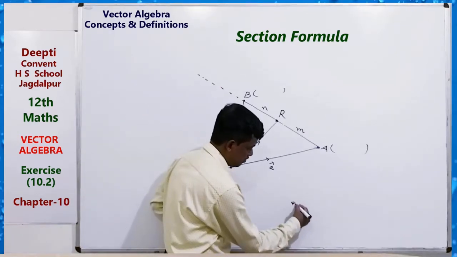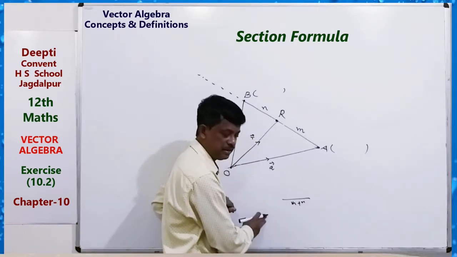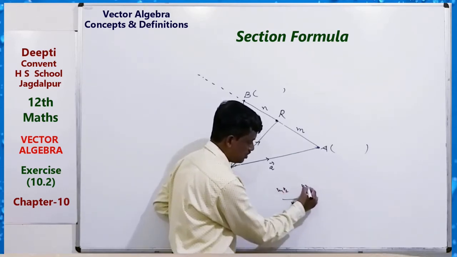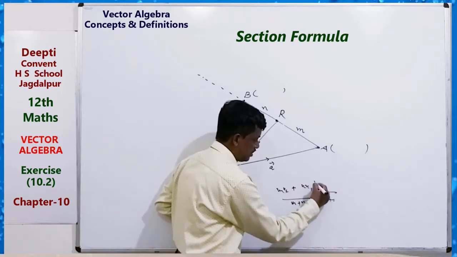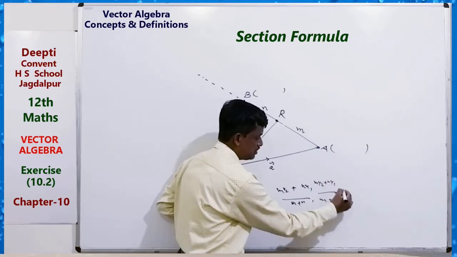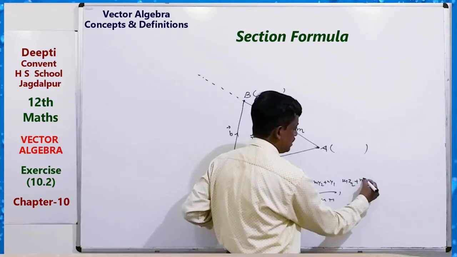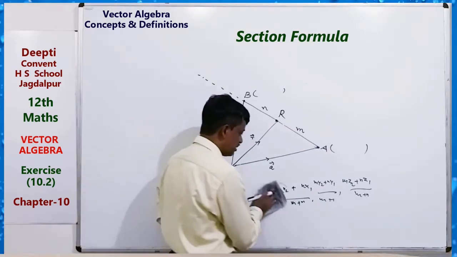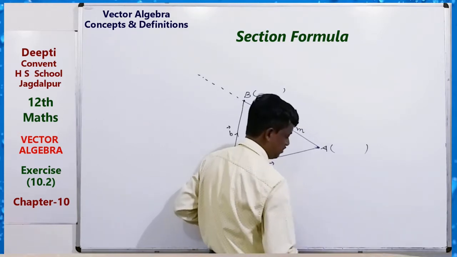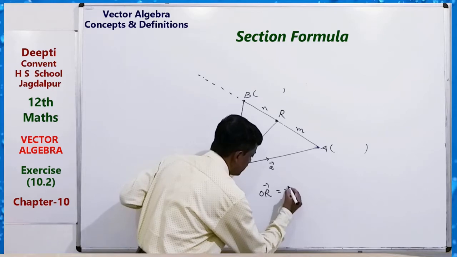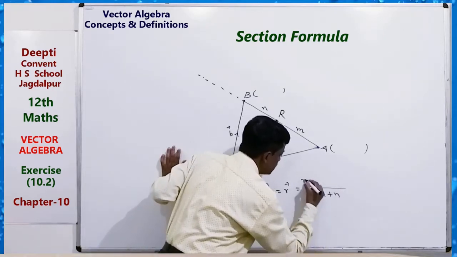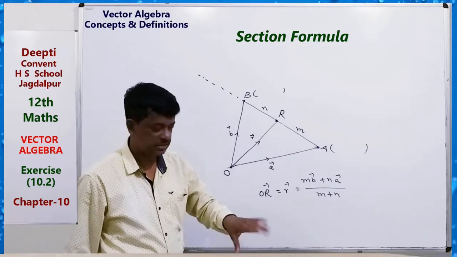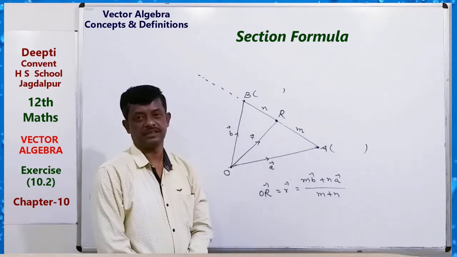In coordinate geometry we write (m x2 plus n x1) upon (m plus n), and similarly for y and z. Likewise, the position vector OR equals (m vector B plus n vector A) divided by (m plus n).